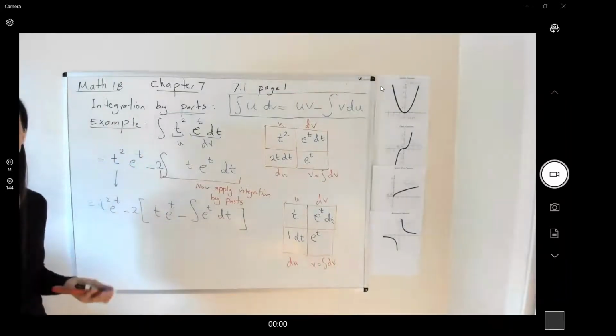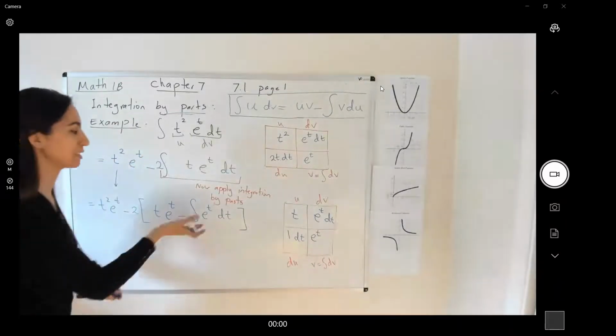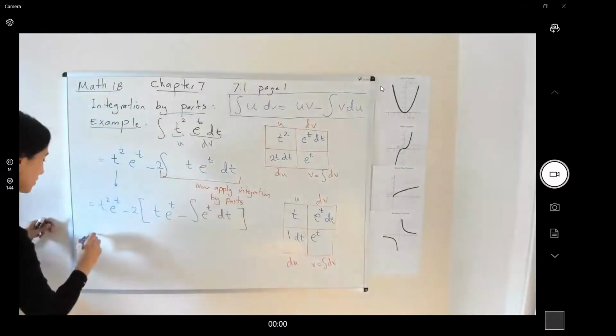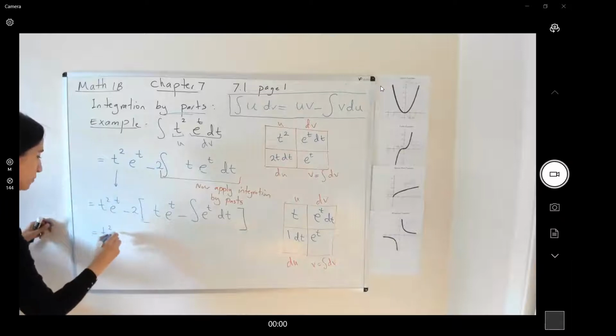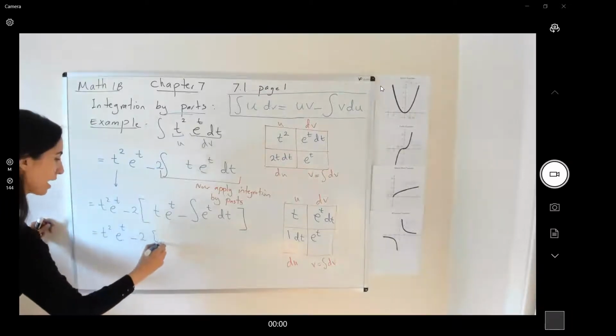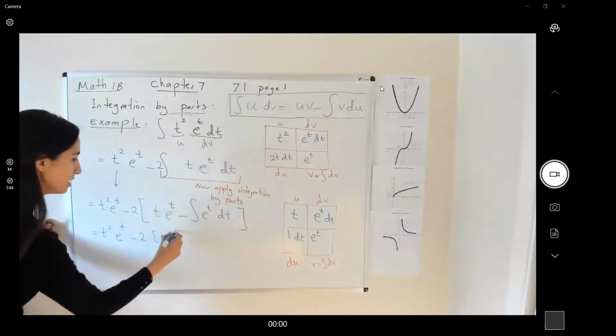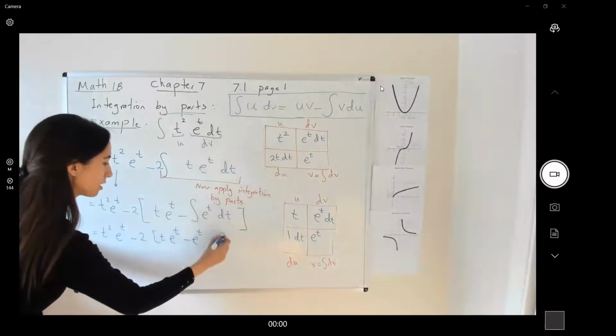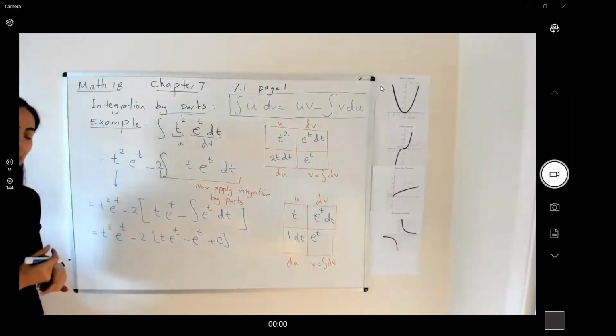This integral is super easy. You already know that the integral of e to the t is e to the t. So this is t squared e to the t minus 2 bracket t e to the t minus e to the t plus constant of integration.